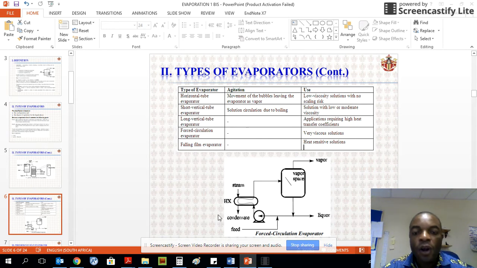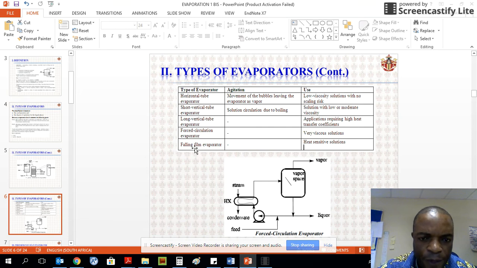As you can recall, all the 3 major parts of an evaporator are represented. You have the liquid mover, which is a pump, which allows you to convey the feed to the heat exchanger, and finally you have the vapor space.